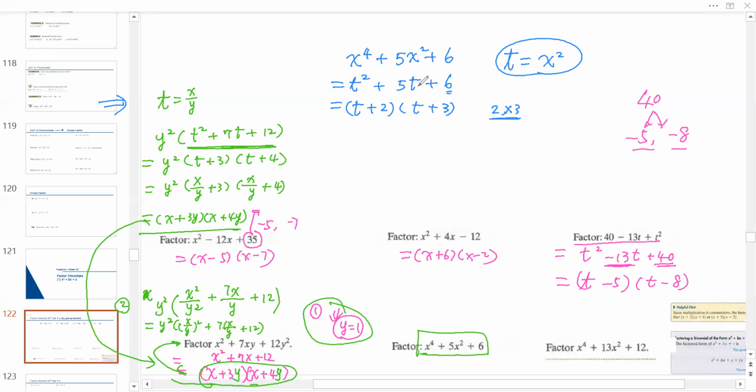And then we replace this back. Okay, let's double check it. First, x power 4, 3 times x squared, 2 times x squared, so actually 5x squared. And finally, 2 times 3 equals 6, right? We check it, it makes sense.